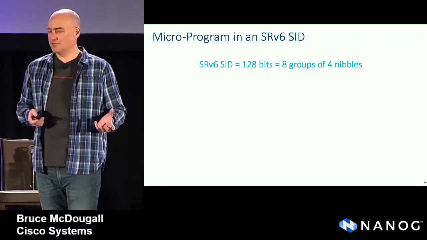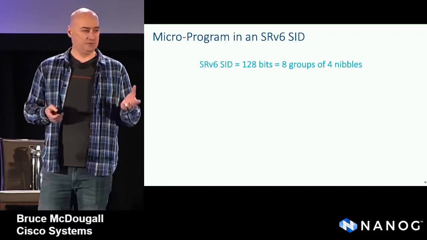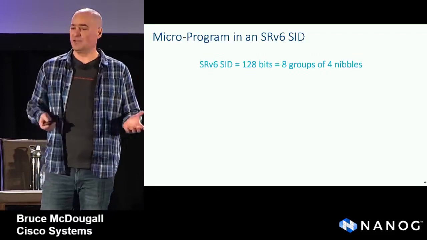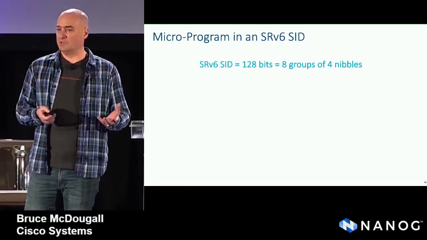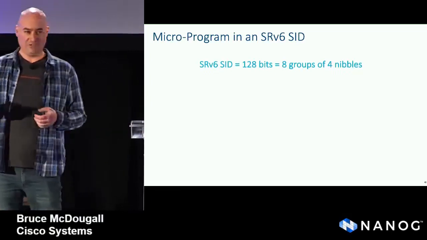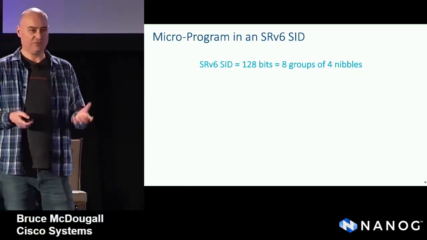Now, how the microprogram is constructed: the SRv6 SID itself is 128 bits in length. We can break that up into 8 groups of 4 nibbles each, or 8 groups of 16 bits.